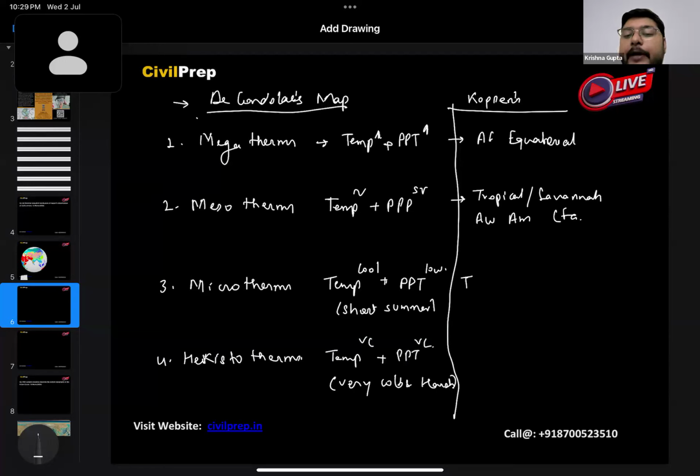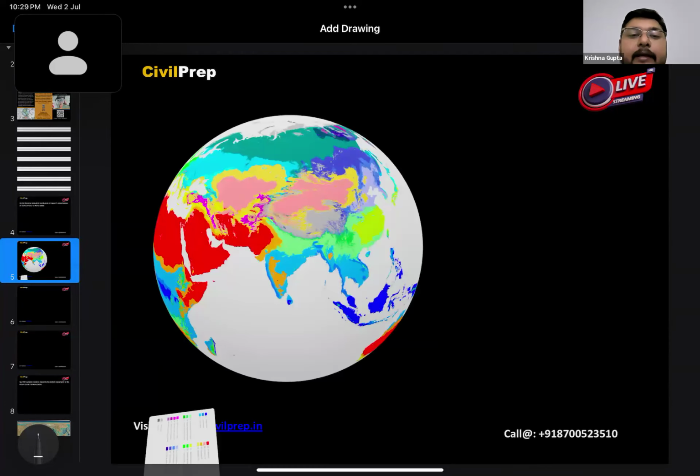When I talk about microtherm, it is linked to the temperate and cold climate, that is Dfa and Cfb. While the hecistotherm is linked with polar type of climate, that is ET and EF. Okay, now this is a climatic classification which is given by De Candolle.